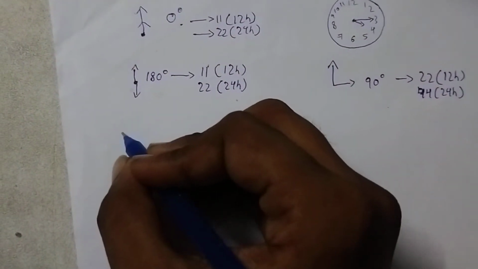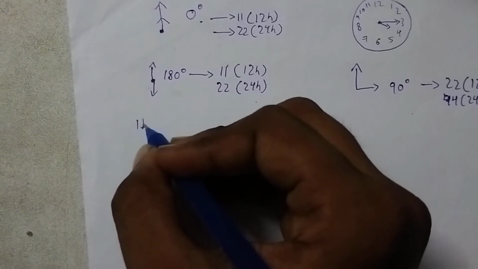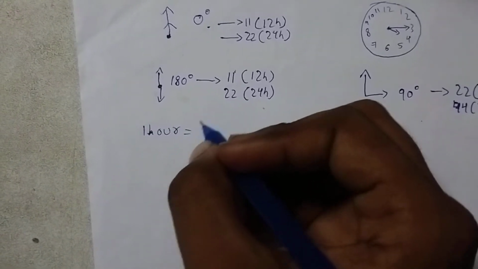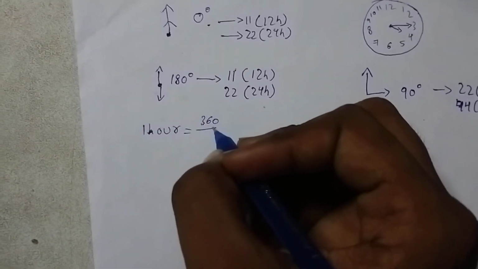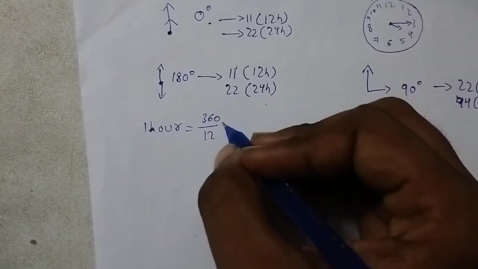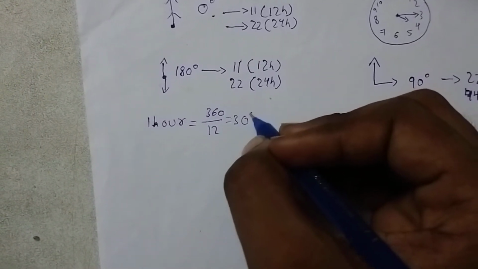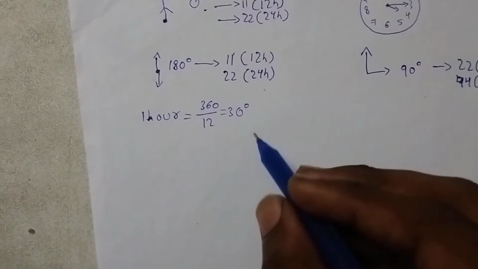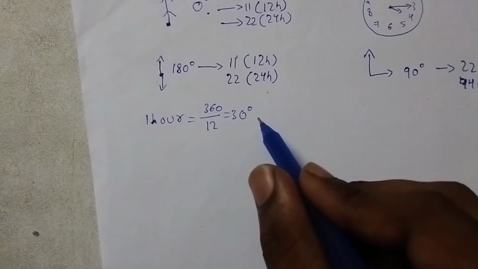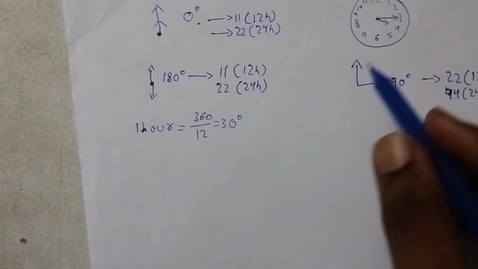If you want to calculate the degree of the hour hand, simply divide 360 by 12. We will get the degree for every hour, which means for 1 hour there will be an angle of 30 degrees.